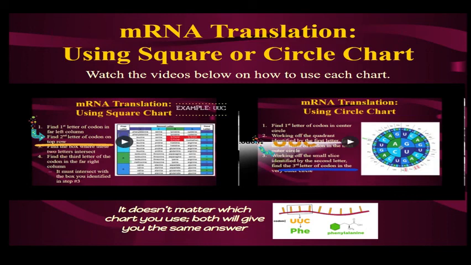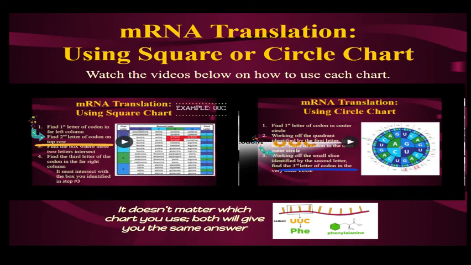Now, the reason that I want you to be familiar with the use of both charts is because when you have standardized testing coming up, when you have our MCA science test in the spring, or when you take the ACT or the SAT in terms of college applications and college admissions tests, there'll probably be DNA questions on those tests, and you're not sure which chart that they might have available for you to use.